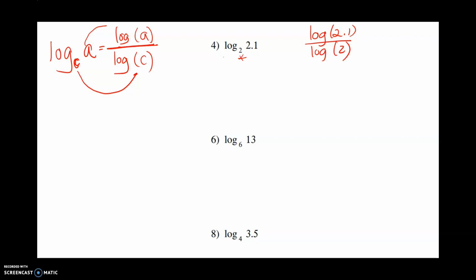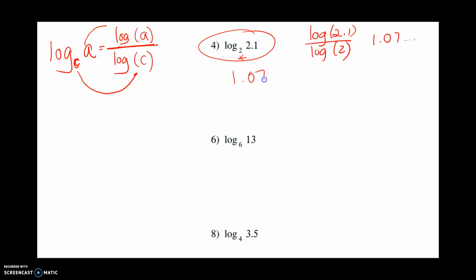So first, I'll use common log of 2.1 divided by common log of 2. It gives me an answer of 1.07, blah, blah, blah. Now I'm going to put this in using my math button. Math, I go all the way down to a, so I can put log base 2 of 2.1, and guess what?